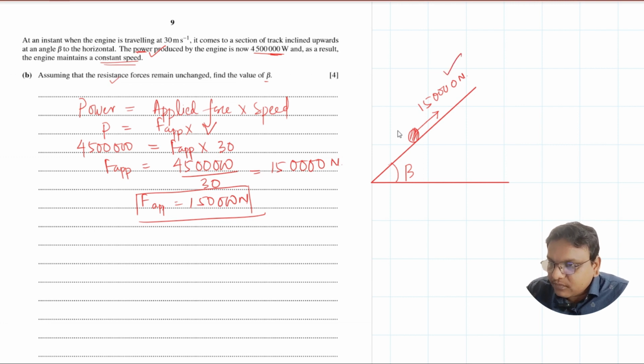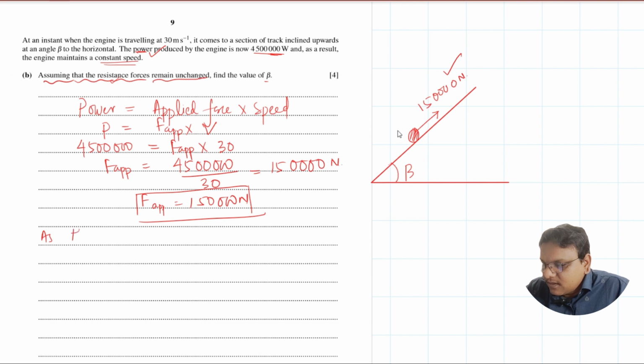Now we'll try to understand this. We need to find out the angle, right? Now listen, as per the question, what is given is assuming the resistance forces remain unchanged, right? So what does it mean?